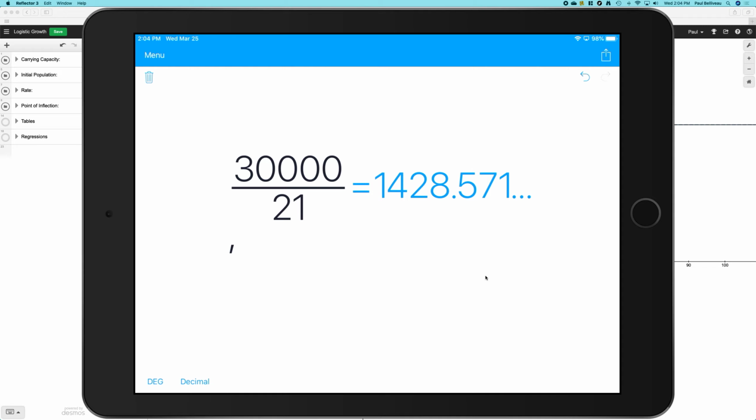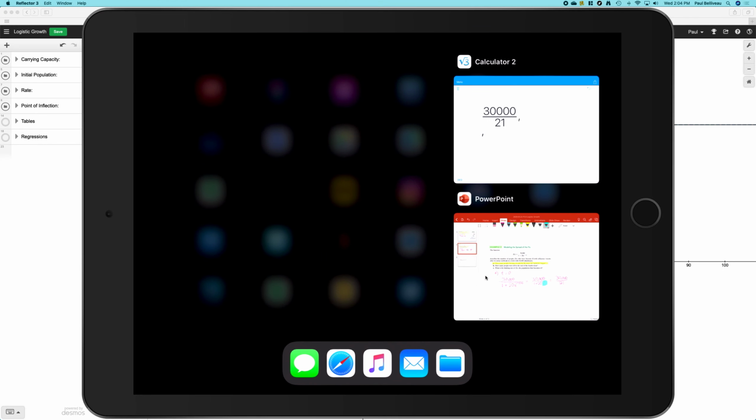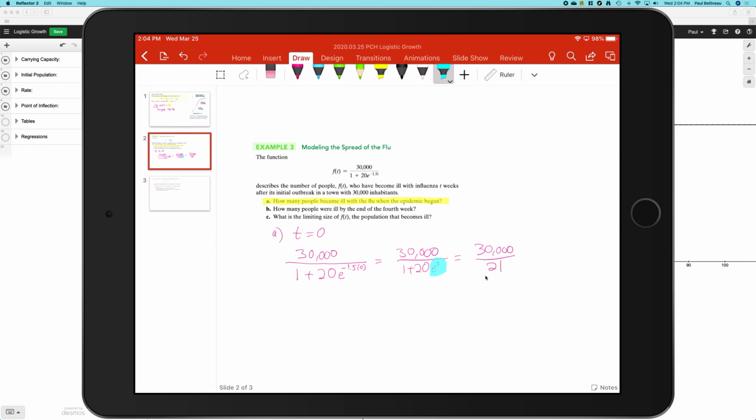So when time equals 0 in this case, there were, okay, now this is people, by the way, and for this estimate we're going to round up, so that is 1,429 people. You can't just be a tiny bit infected with something like the flu, so it's definitely going to be a case where you always round up, even though that one we would round up anyway.